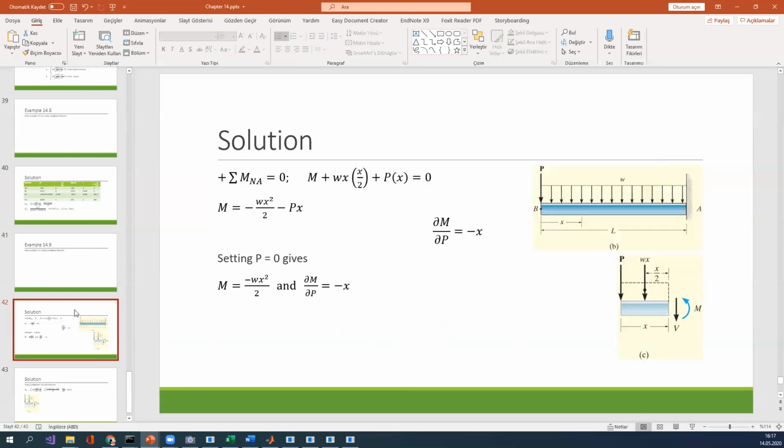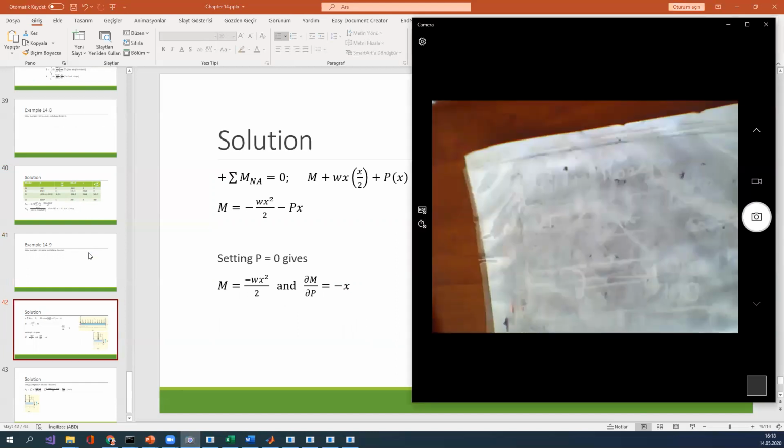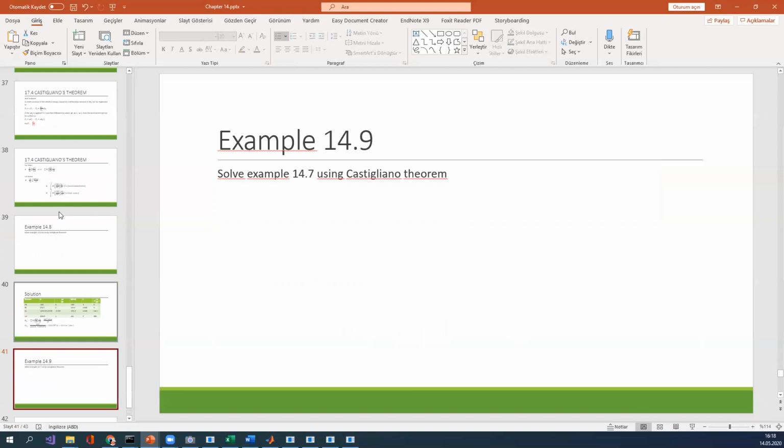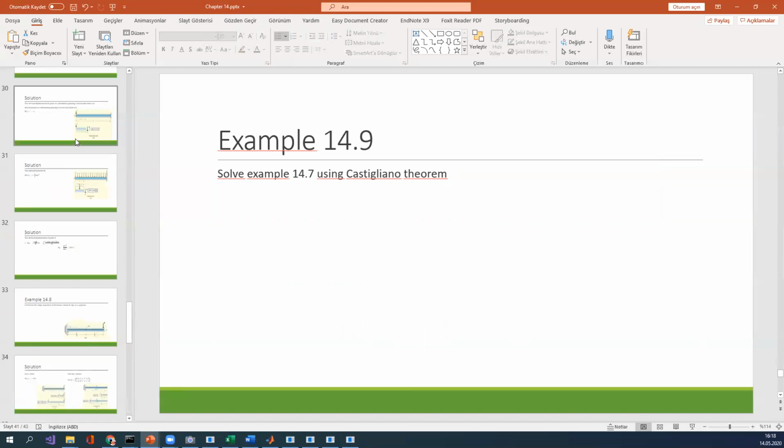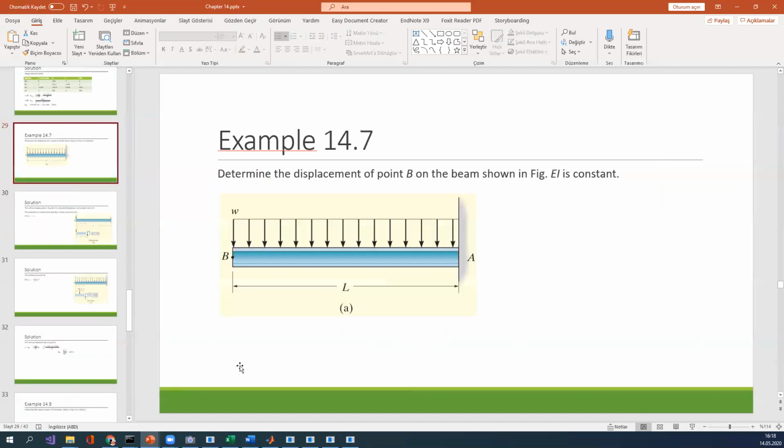Okay, so I want to open my camera. Going back to the question. Is it 7 in here? Yes. So in the question, we have a truss system with a distributed loading in here, omega.